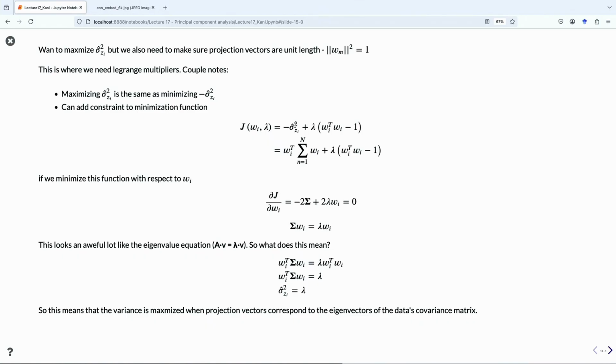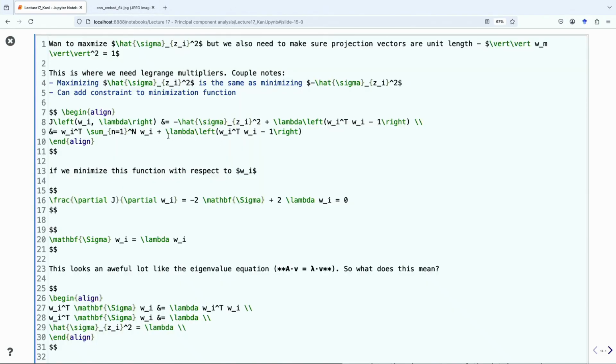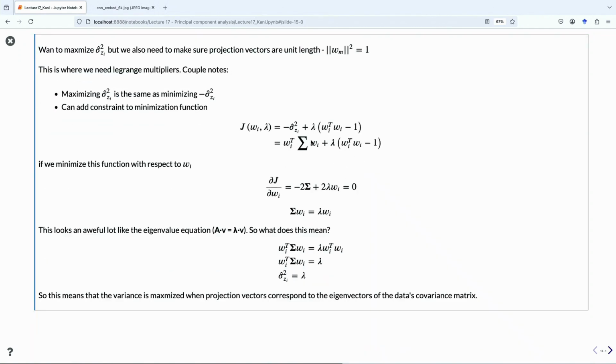To say that the covariance of the projected vector is simply equal to wi transpose times the covariance matrix sigma times wi. Oh, this is why it's upsetting. I knew I missed it somewhere.